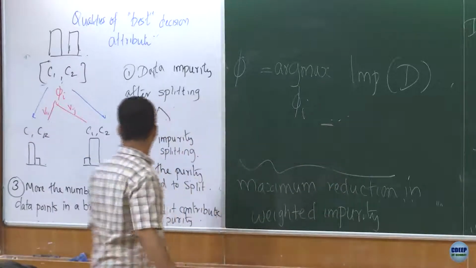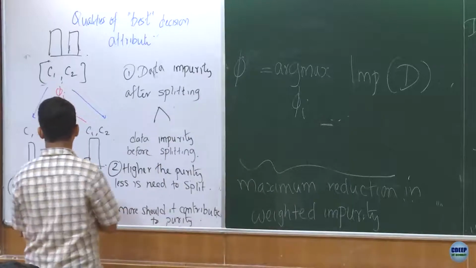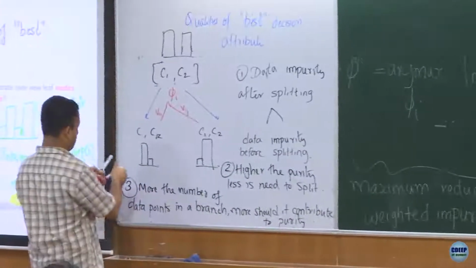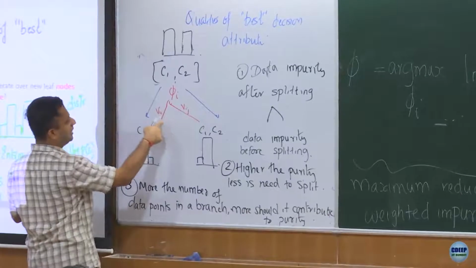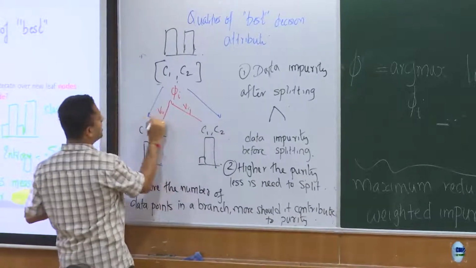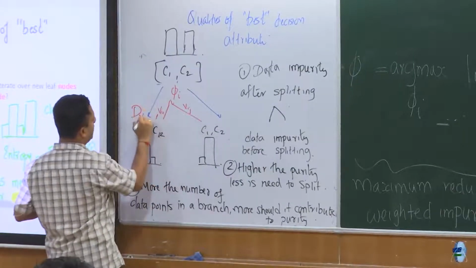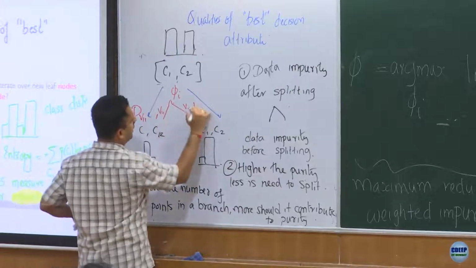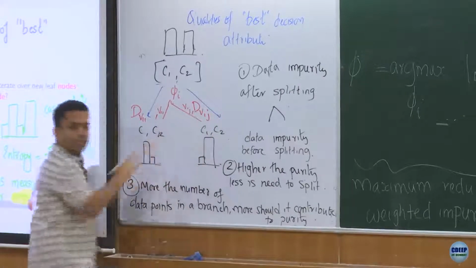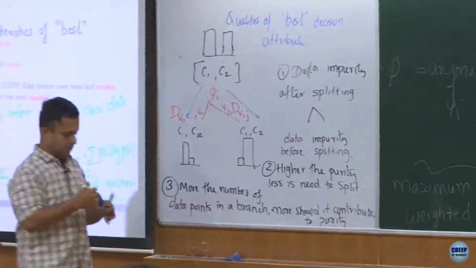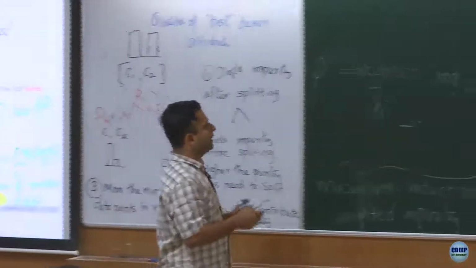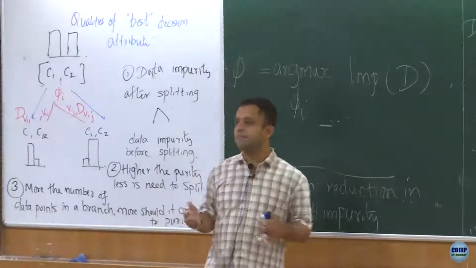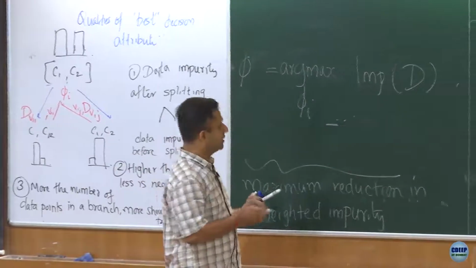The general idea is that when I split on phi I, the branches will have data instances dv11 to dvij. So I'll talk in terms of the data instances.